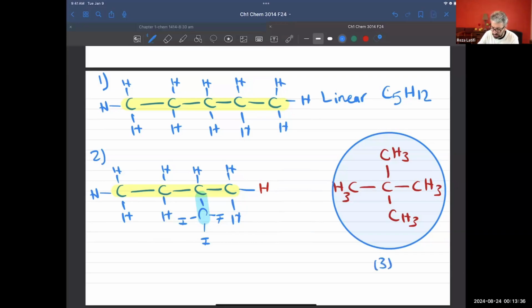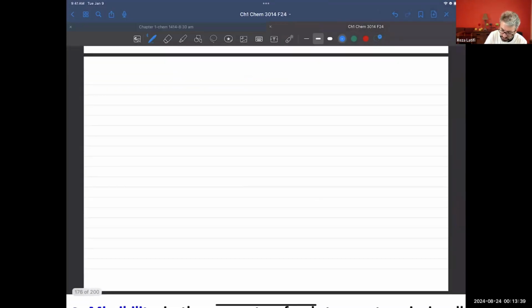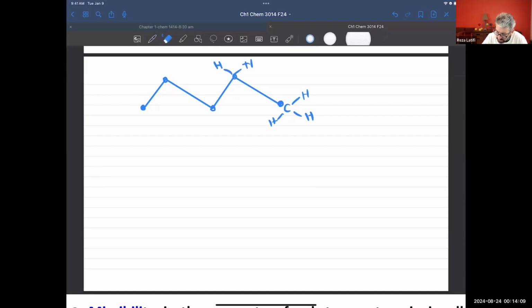Let's talk about it. If you have a linear geometry, you can get something like this, called zigzag geometry. We have 1, 2, 3, 4, 5. Each one represents 1 carbon. This is a carbon that's attached to hydrogens, and we have 2 hydrogens. Technically, the hydrogens are attached to carbon.